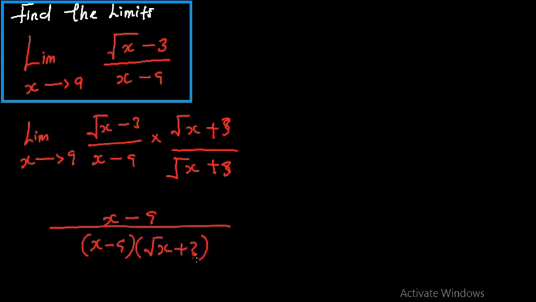What is next? Now we can cancel out the common factor. We have x minus 9 at the numerator and x minus 9 at the denominator, so the ratio is simply going to be 1. This and this will cancel out.